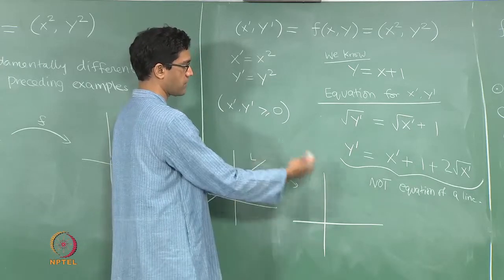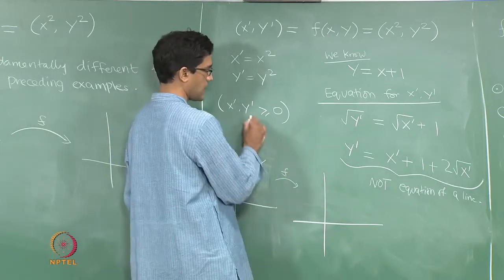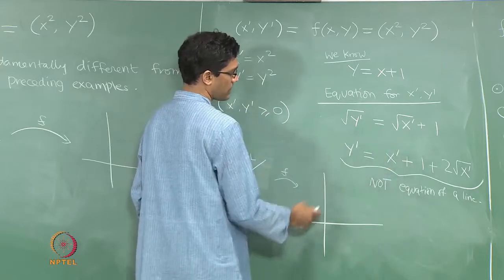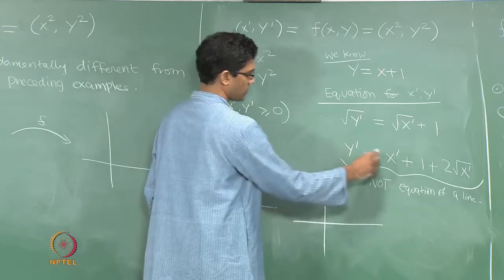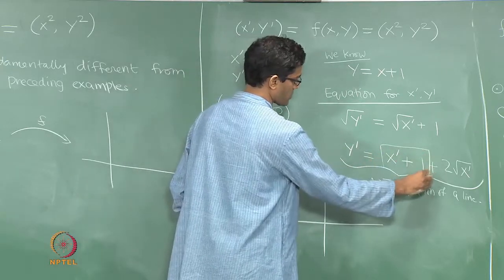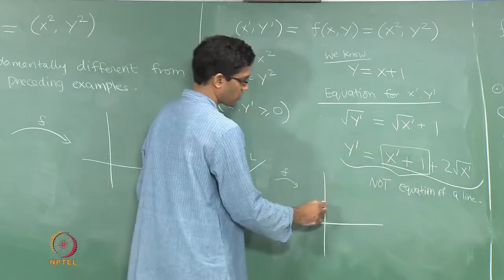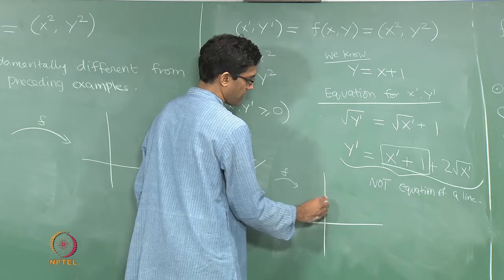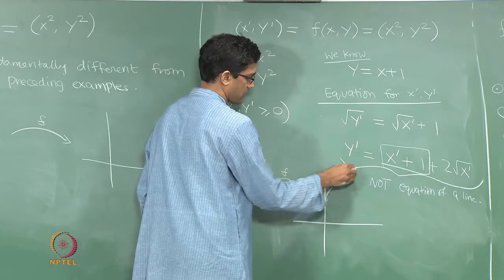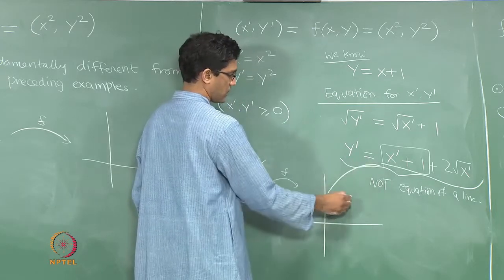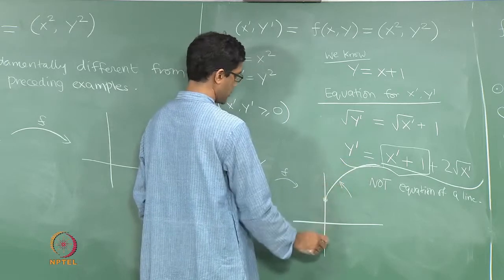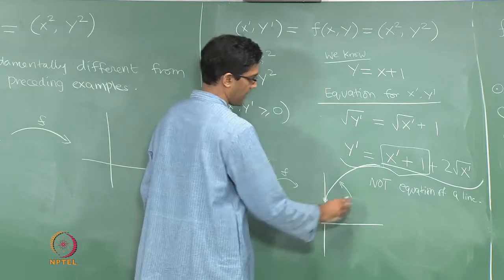So, y prime and x prime are both positive and they are connected by this equation, y prime equals x prime plus 1 plus 2 root x prime. So, observe if you only had the first two terms, of course, that is the same line, y equals x plus 1, but there is this additional term there. So, if you sort of draw it, it probably looks something like that. So, that is the curve. Okay. So, this is the curve which is the image of the line L.